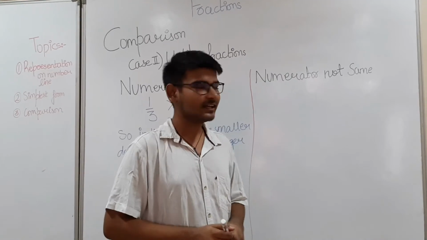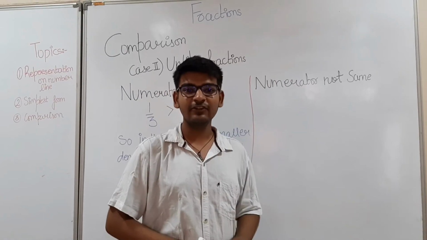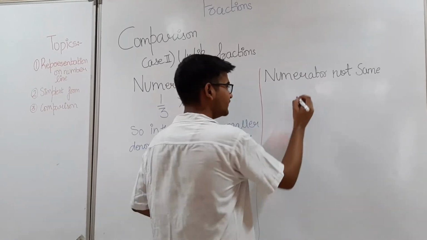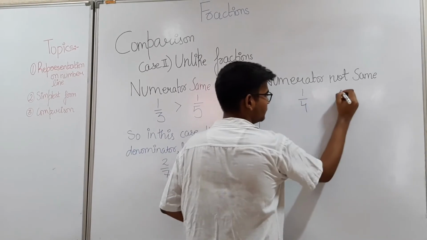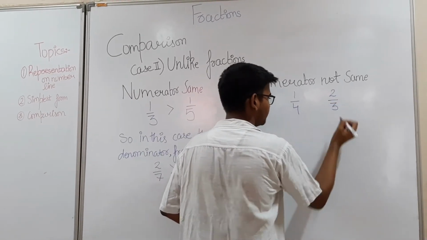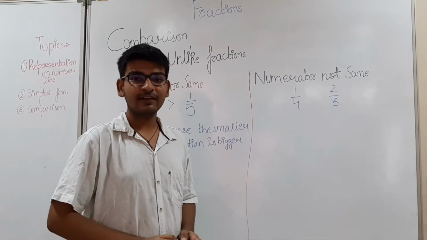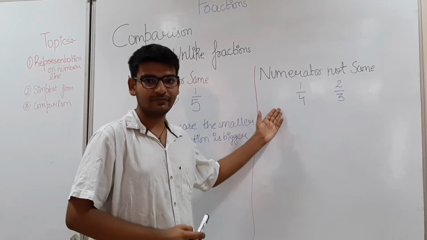So now let us take the other case, that is when the numerators are not same. Let us take the example of 1 by 4 and 2 by 3. In this case, first we will make these fractions like fractions.